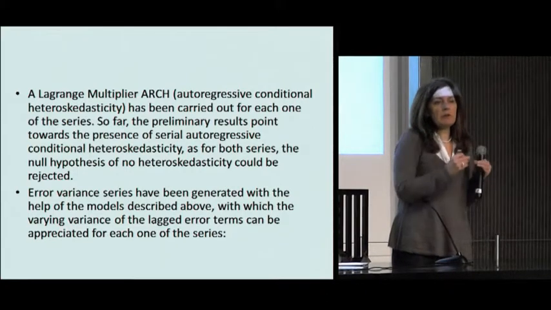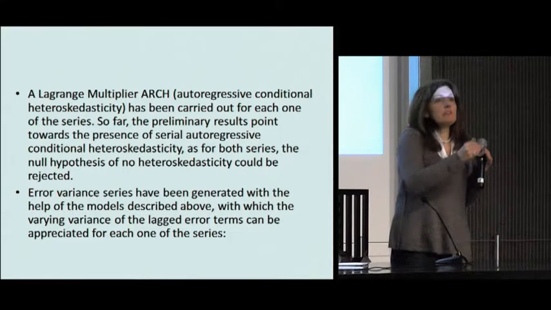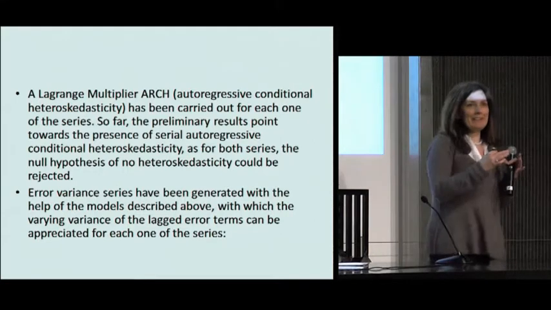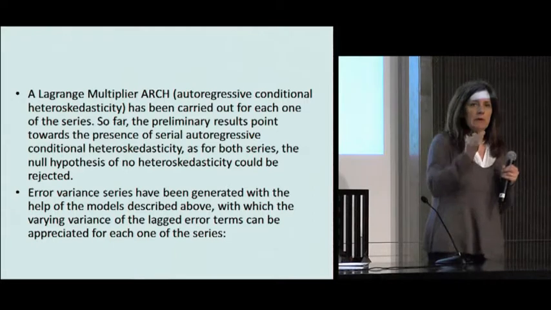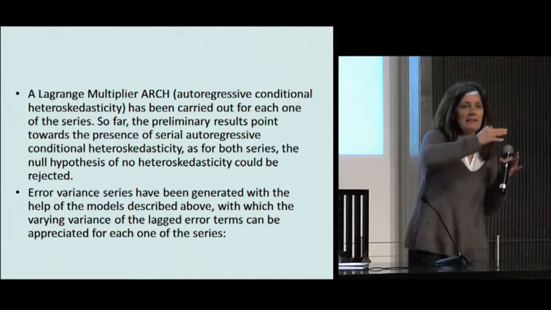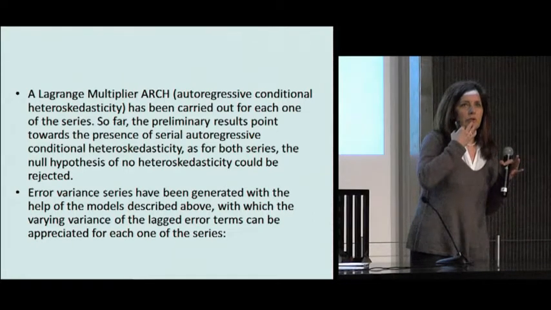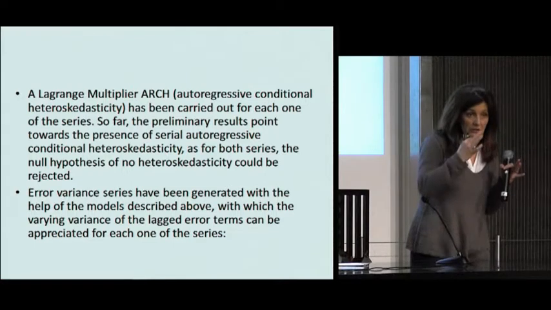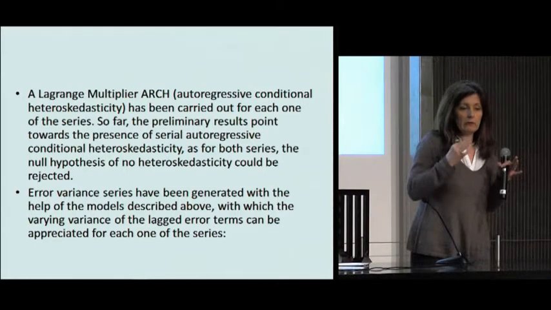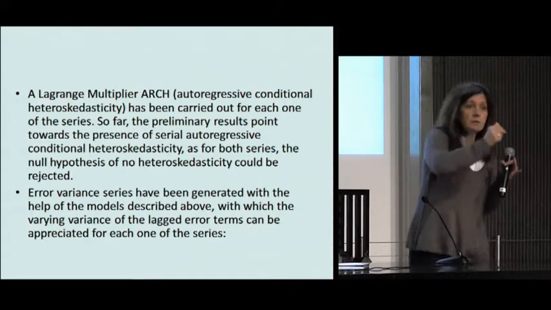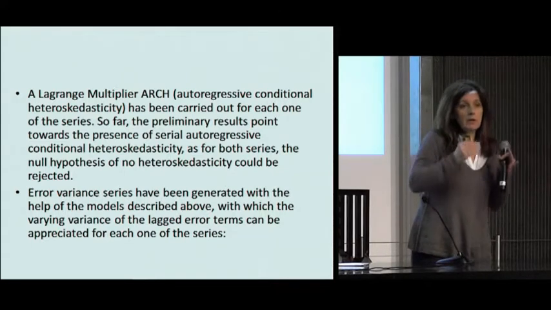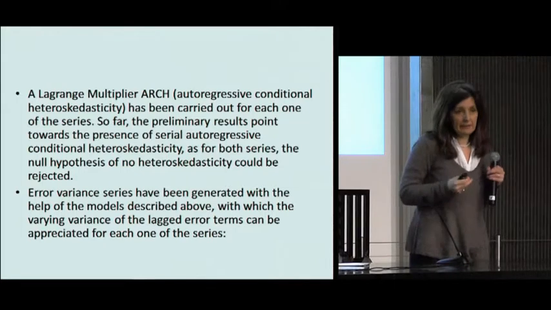Because sometimes volatility is contagious, so to say: when we have a period of high volatility, it's not due to the observation as such. It can also be attributed to the fact that in the previous periods, volatility has been high.